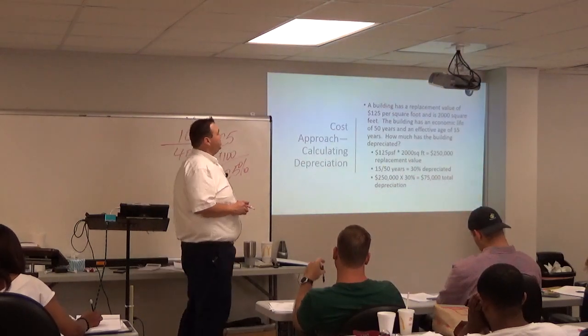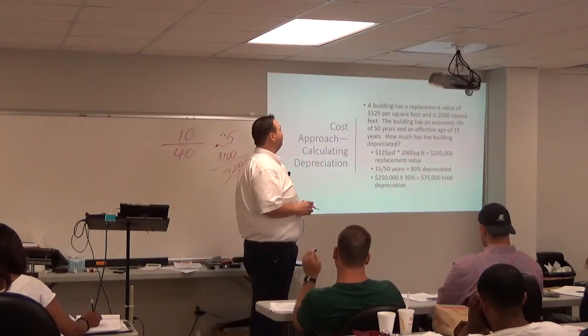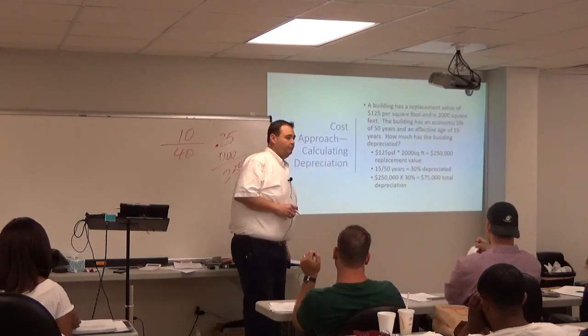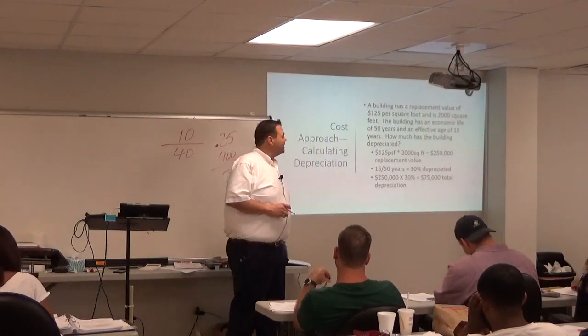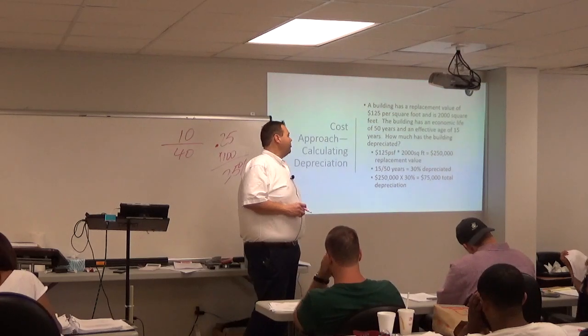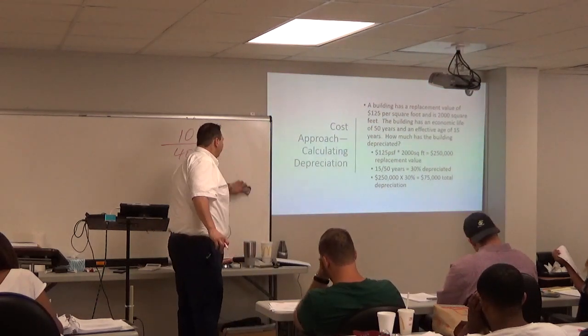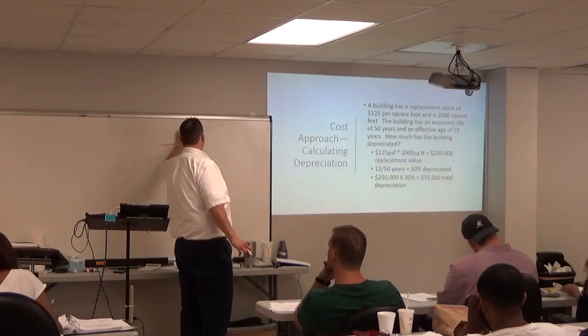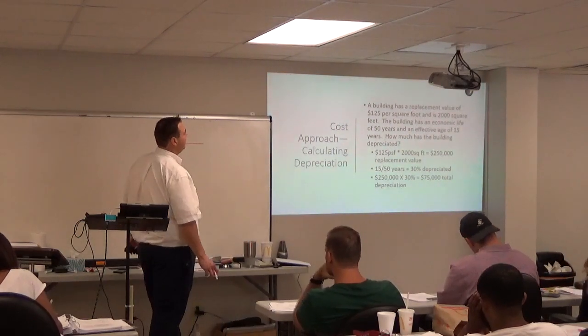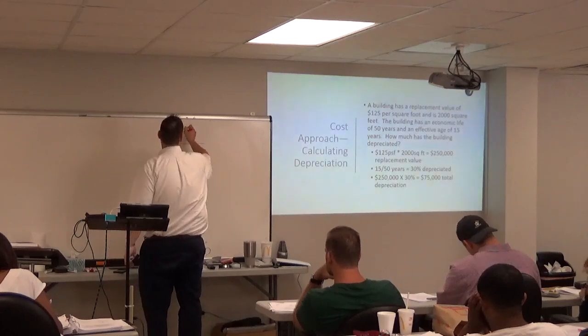So the building has a replacement value of $125 per square foot and is 2,000 square feet. The building has an economic life of 50 years and an effective age of 15 years. So how am I going to write mine? What goes on the top? What goes on the bottom? Effective age. The effective age is what? 15.